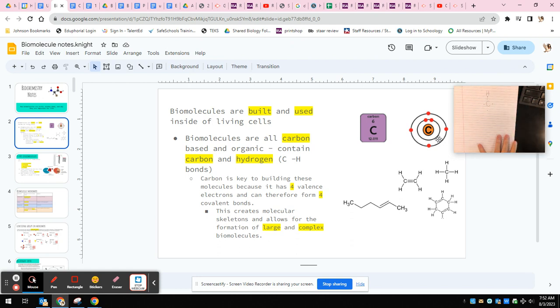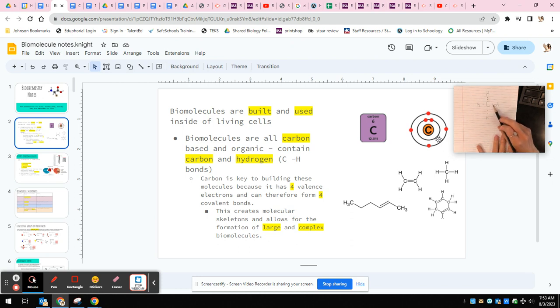Hydrogen has 1 valence electron. And so they will share these 2 electrons, and now hydrogen has 2 and carbon has 1 more than it had before. And it can do that with 4 hydrogens, and therefore it now has 2, 4, 6, 8 electrons, and it is stable, and it is said to be methane, which is this molecule right here.